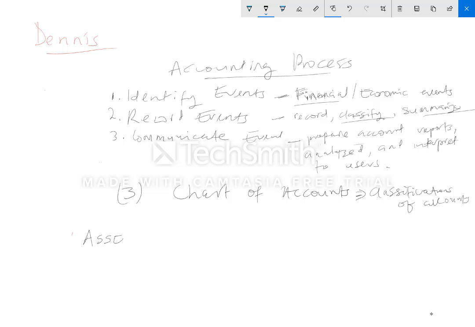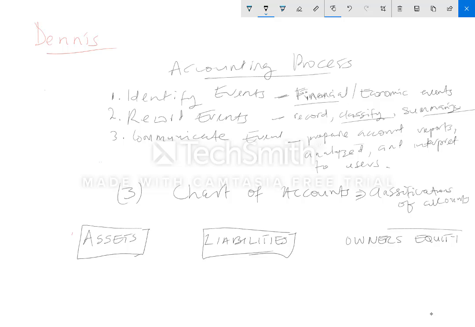Assets, then the second one, classify under liabilities, and the third one, owner's equity. And we name this 1, 2, and 3.